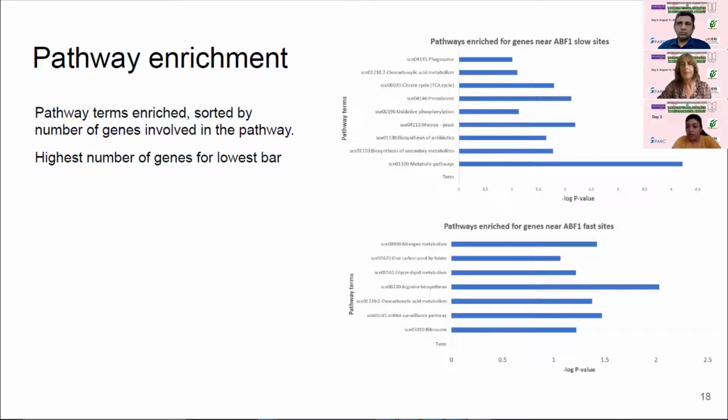Currently, we are focusing on making a biological inference from this binding site enrichment for different pathways, and we are trying to know if we can say that slow sites are involved in different types of functions in gene regulation as compared to the fast sites.